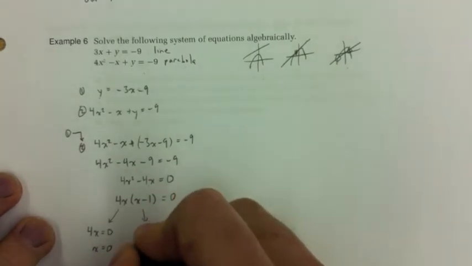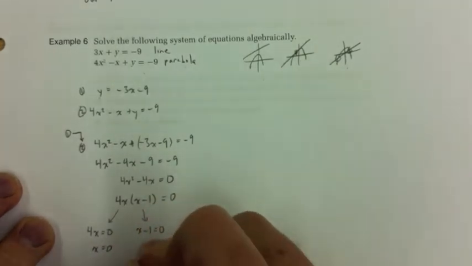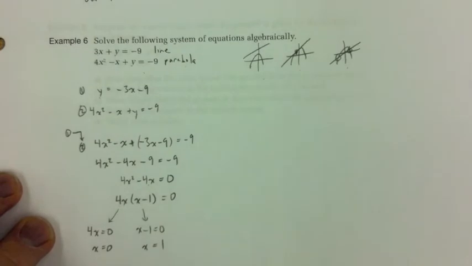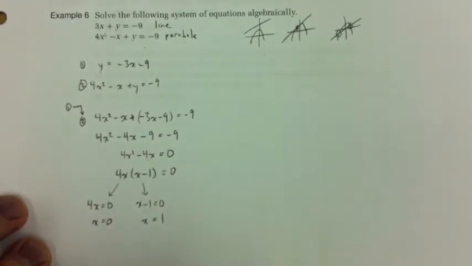The second factor gives us the solution x equals 1. It looks like we're going to get two solutions. Our line is going to cross our parabola twice: once when x is equal to 0, once when x is equal to 1.